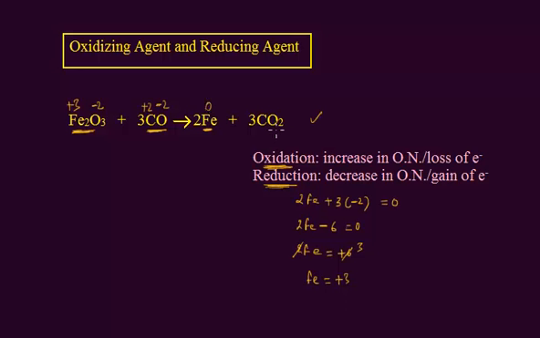In carbon dioxide, oxygen obviously has -2 oxidation number, and we calculate the oxidation number of carbon atom. There is only one carbon atom in carbon dioxide. I put here C, since its oxidation number is unknown. Remember, when we calculate the oxidation number of a particular atom in a compound, we do not consider the coefficient which is used in balancing the reaction.